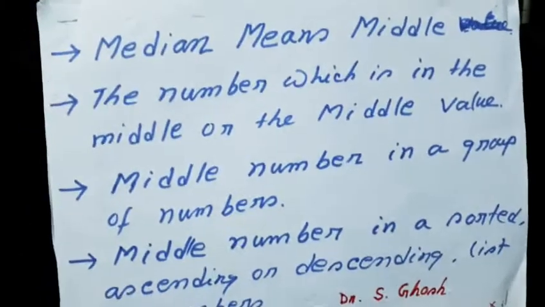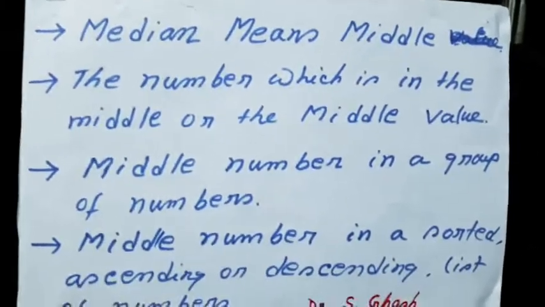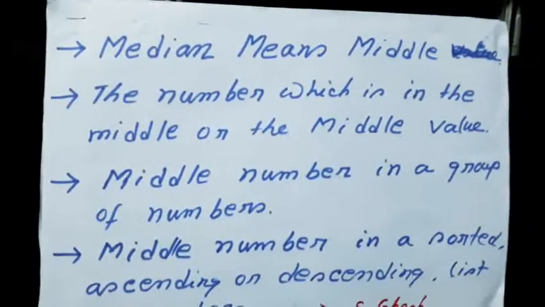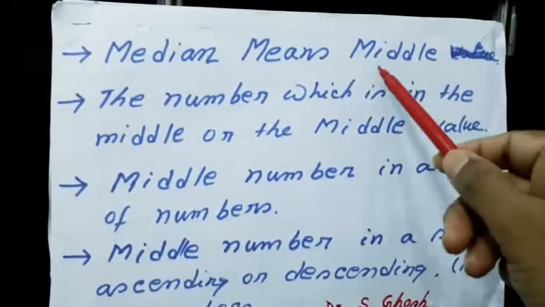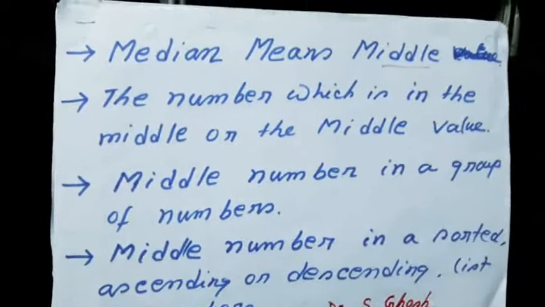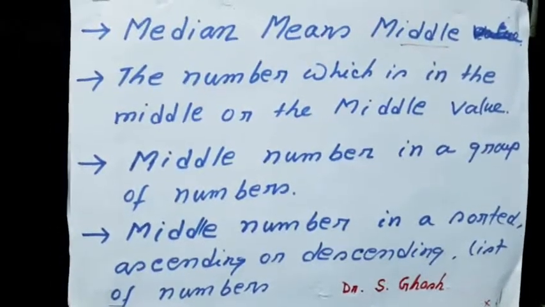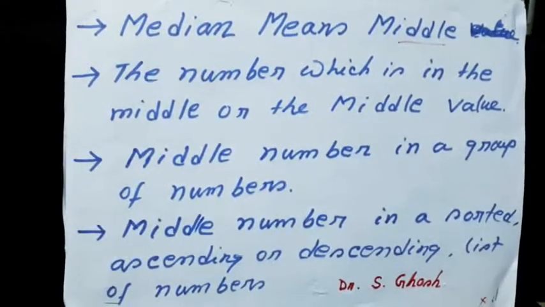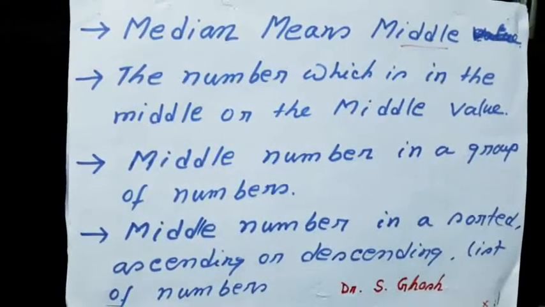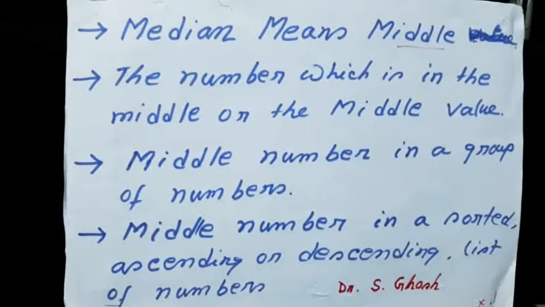Now, what actually is the median? Median means middle. It means the number which is in the middle of the whole observation is called median.